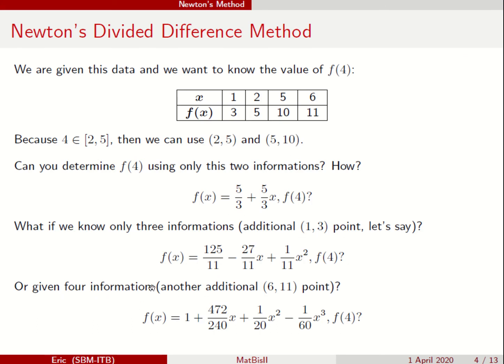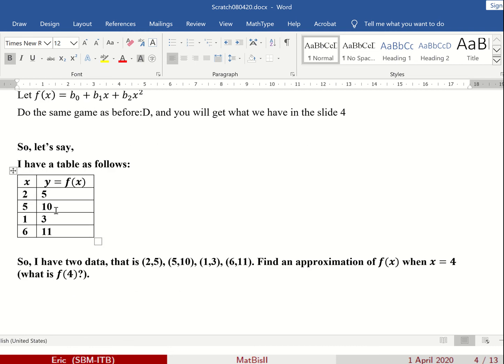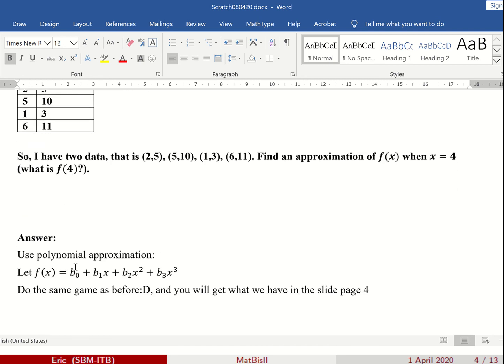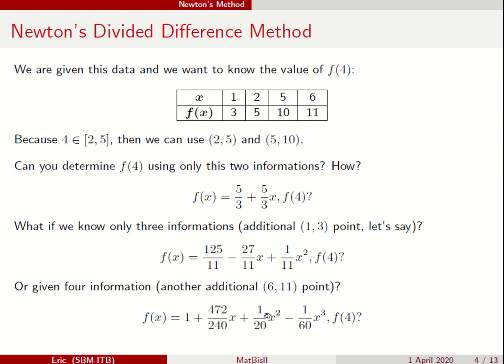And if given 4 points, this one, 2, 5; 5, 10; 1, 3; and 6, 11, an additional point, you can find an approximation of f at x equals 4 also by considering f(x) as a cubic equation. And you can have this one.